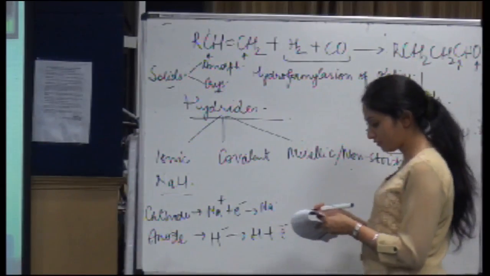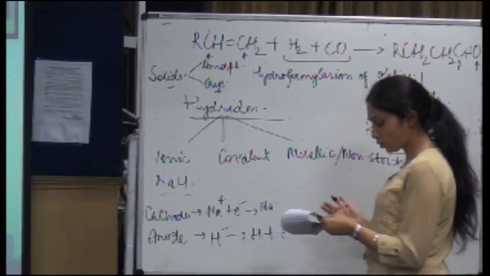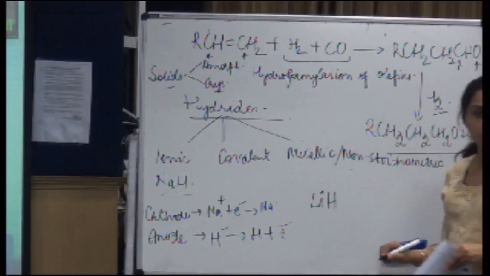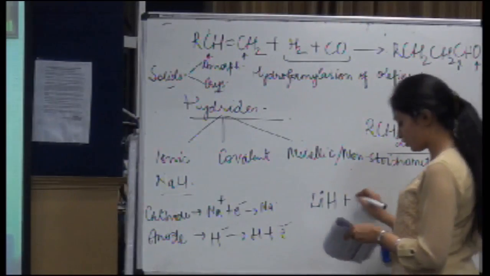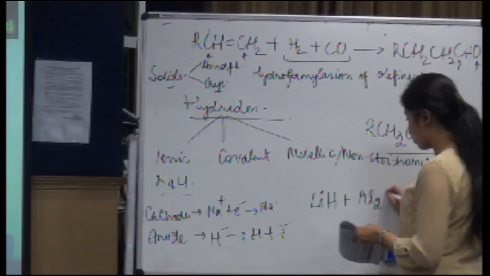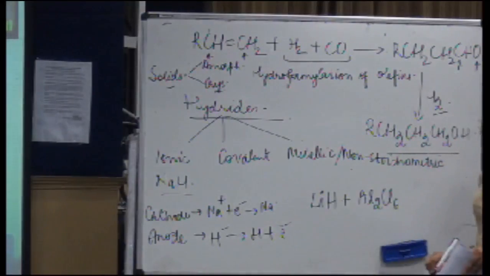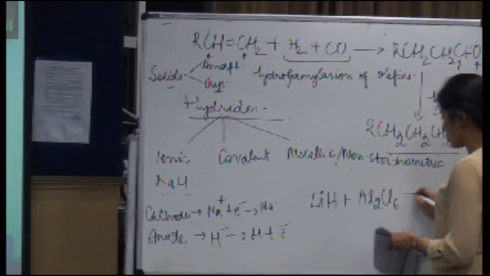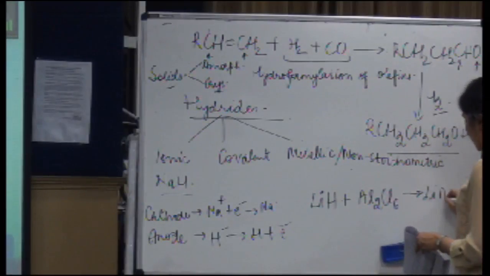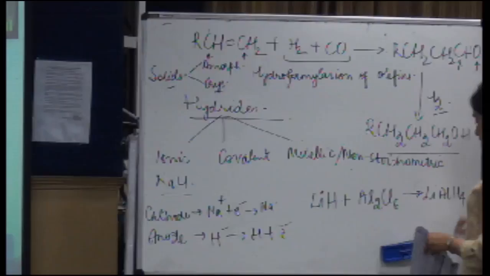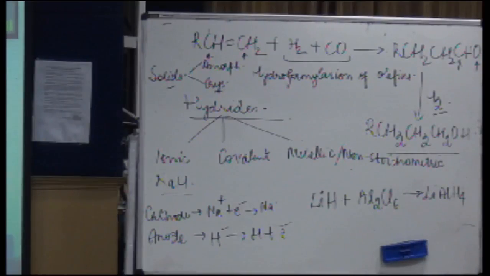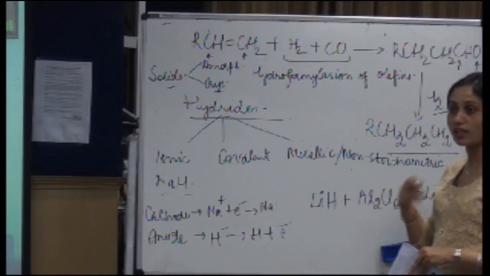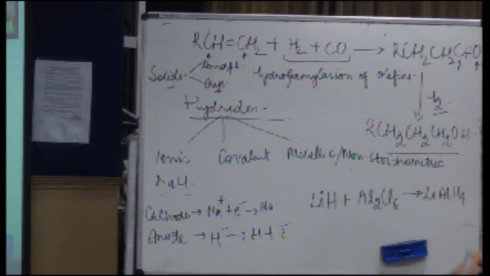Then they can also form useful hydrides, like lithium hydride. Lithium hydride, when it reacts with Al2Cl6, which is again an important reaction, forms a very important reducing agent, LiAlH4. Lithium aluminium hydride is a very, very important reducing agent that you will be using time and again in your reduction reactions.